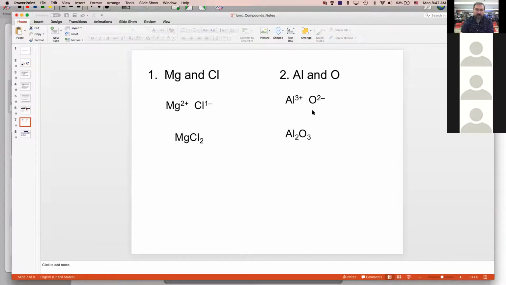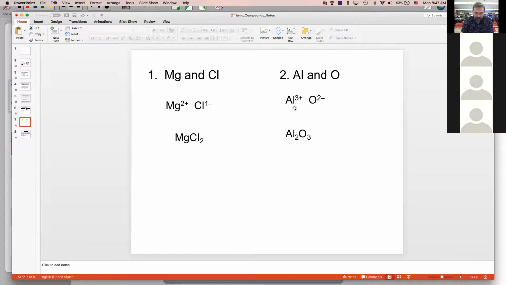But that cross-down method might be useful to see: if this is the charge for aluminum, 3 plus, then you need 3 oxygens. And similarly, if oxygen has a charge of 2 minus, then the number of aluminums you need is 2.